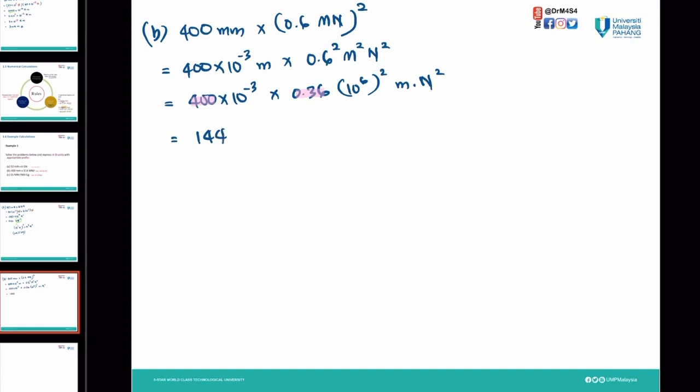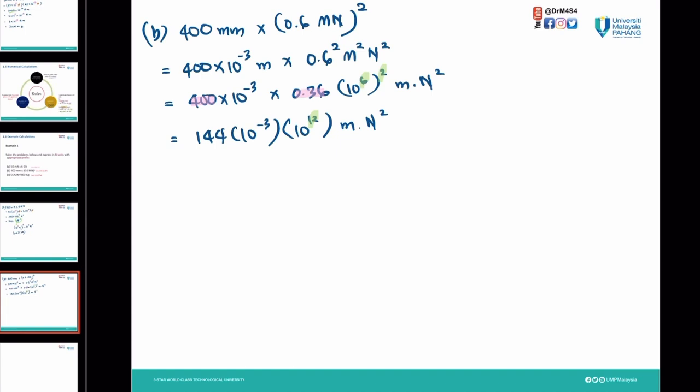We have 10 power of negative 3, and also we have 10 power of 12. Where is 12 from? 12 from 6 times 2, 12. And our unit is meter Newton square.